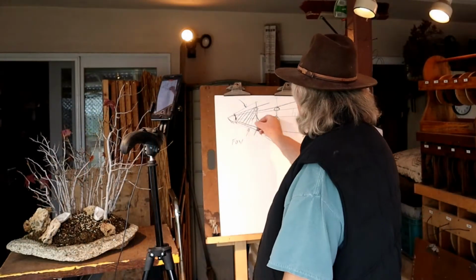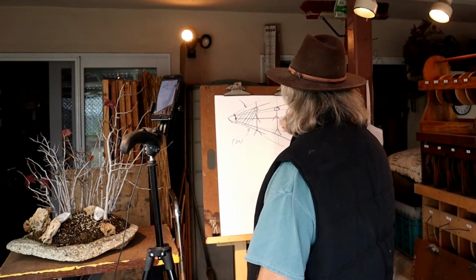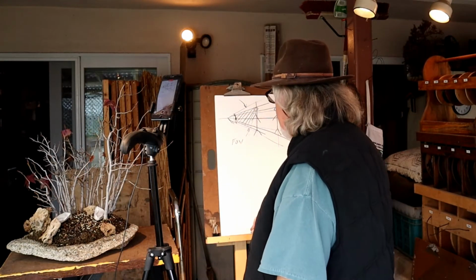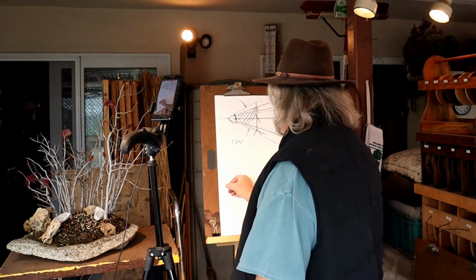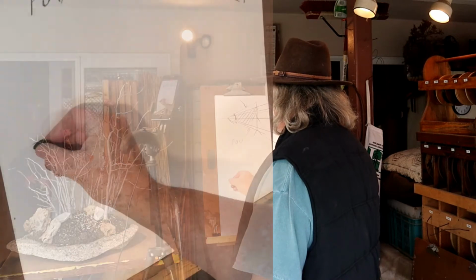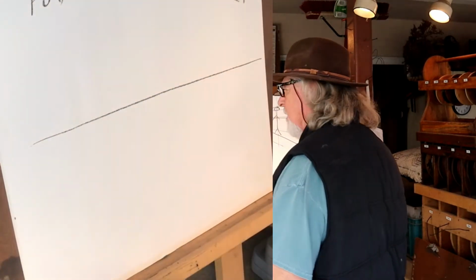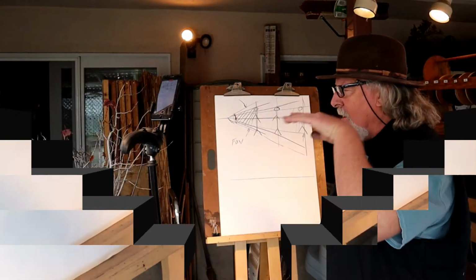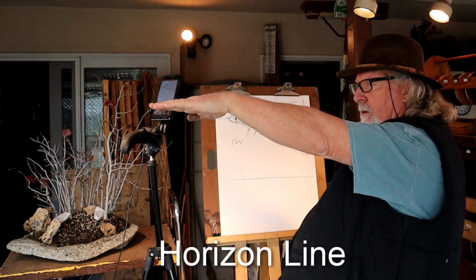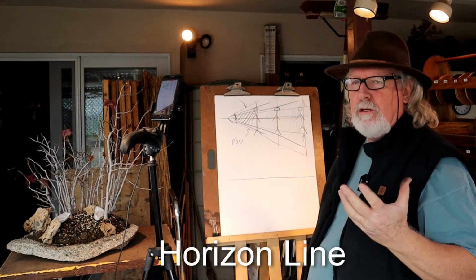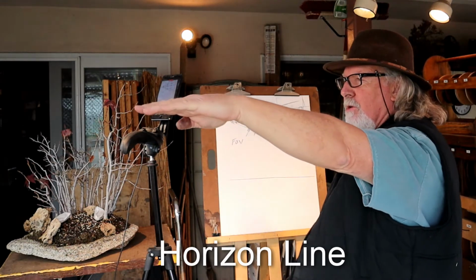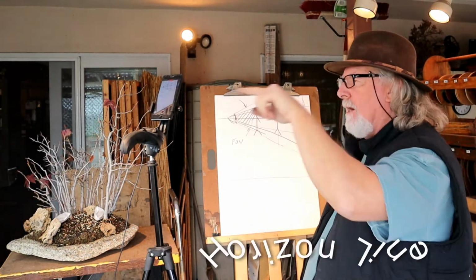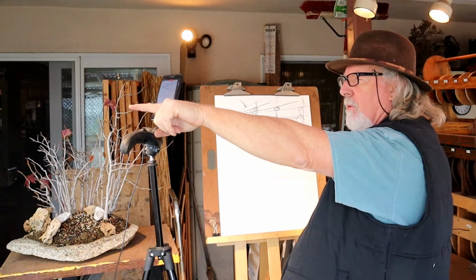Again, let me represent that in a drawing. So again, let's take a look at this idea of how an object looks smaller as it goes away from us. So I have a horizon line. The horizon line is actually what, if I was at the ocean and I was looking straight, you would see the end of the ocean or the top of the ocean right along that horizon line.